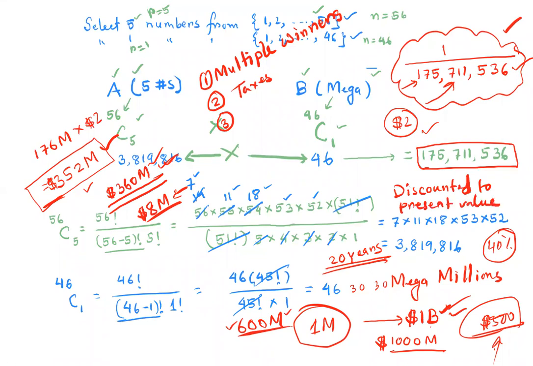What is the present value of 600 million cash flow over 20 years? If you do the present value calculation of this cash flow, and I'm very sure they use a pretty high interest rate, okay, you will not even get 300 million. You borrowed 360, now you are at 300.